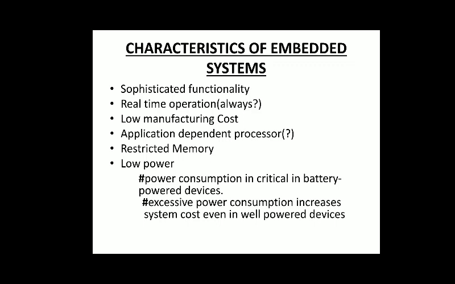Okay, next we have excessive power consumption increases system cost even in well powered devices. If certain devices consume excessive power, then we have to charge them more often and that will increase the cost.